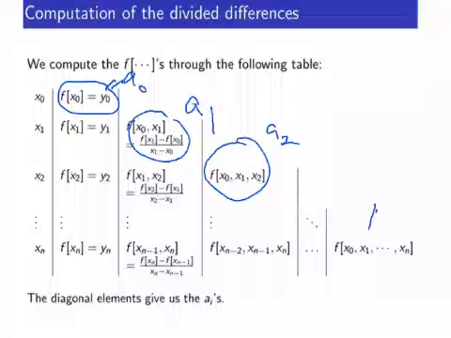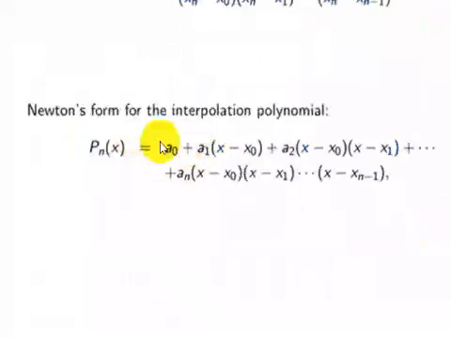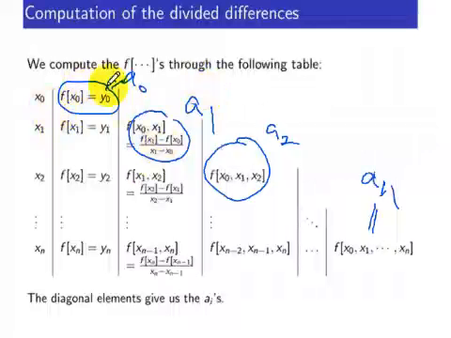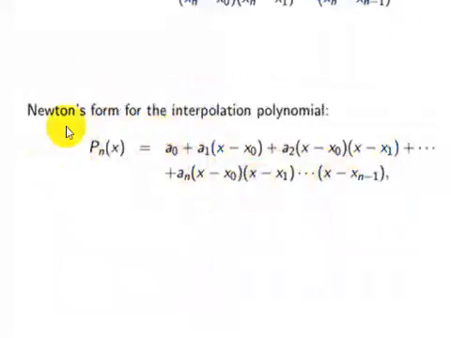This would be our last coefficient, which is a sub n, right? Once you have computed these, you can plug these values in here. There you get the Newton's divided difference polynomial. Let's start working on that.